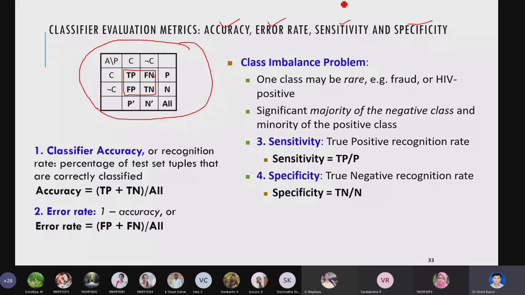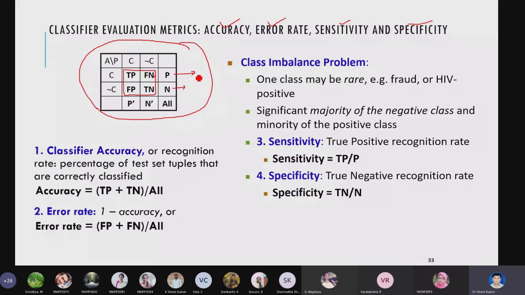So here, actual versus predicted. Cancer is there, cancer not there, cancer is there, cancer not there. So your positive class, negative class, positive class, and negative class. You may name anything. Here it will be all the positives, here all the negatives, and all positive and negative will be added here.